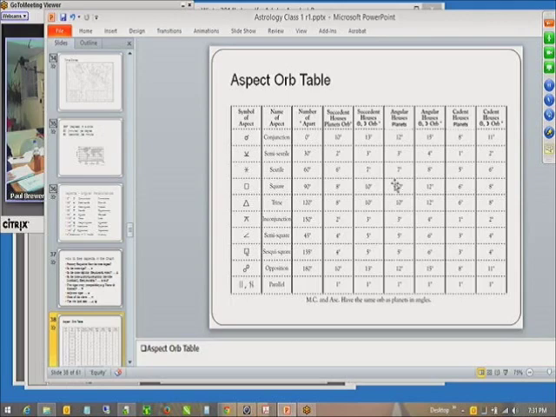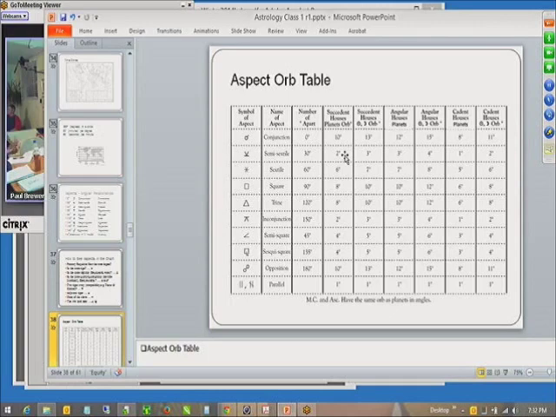Now, if it's a little old semisextile aspect, 30 degrees apart, in other words, they're in adjacent signs, and they're in a succeeding house, heck, that's only got a 2-degree orb. And the reason it's got such a small orb is that it's a fairly weak aspect, okay? There are angular, cadent, and succeeding houses.